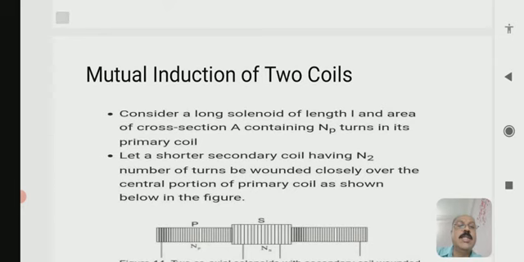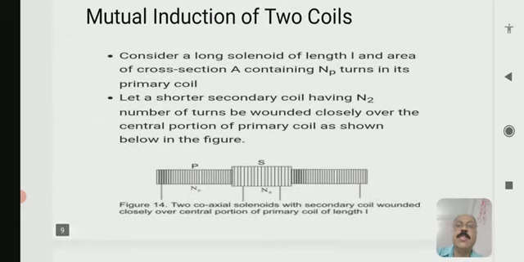Now, mutual inductance of two coils. See the figure first. Here one coil has many turns, called the primary coil, with number of turns NP. Over it is another coil, the secondary coil, whose number of turns is less than that of the primary coil.